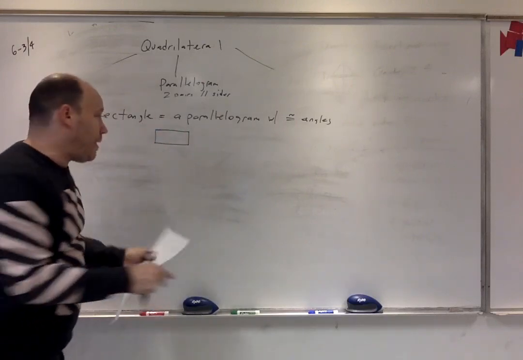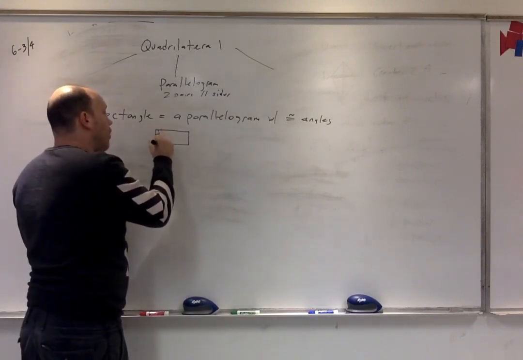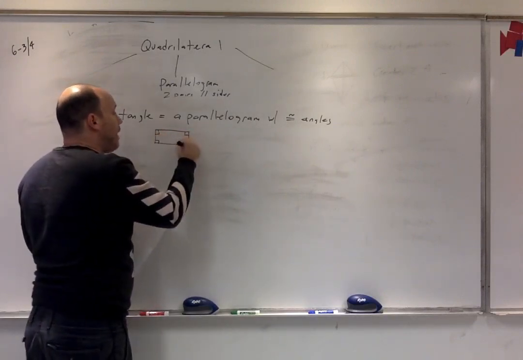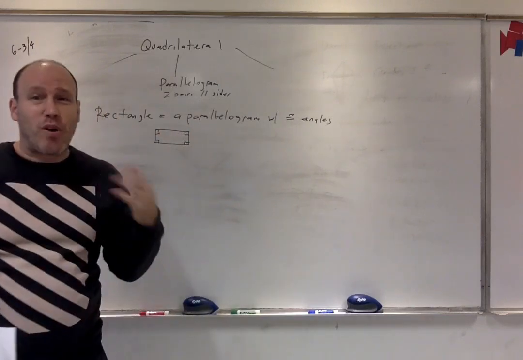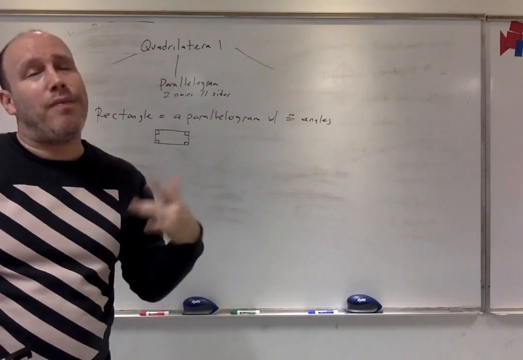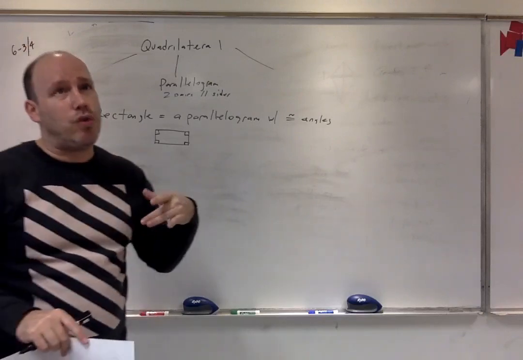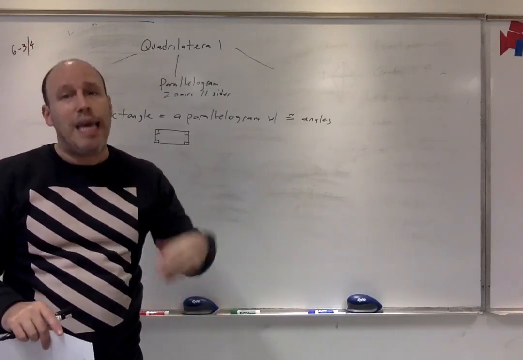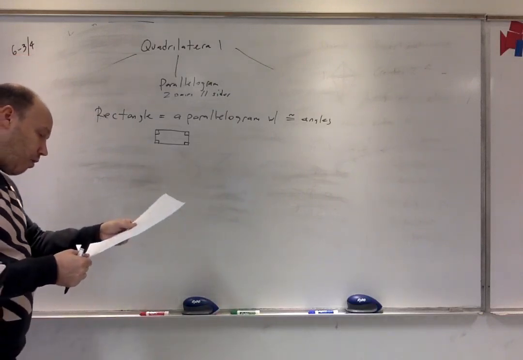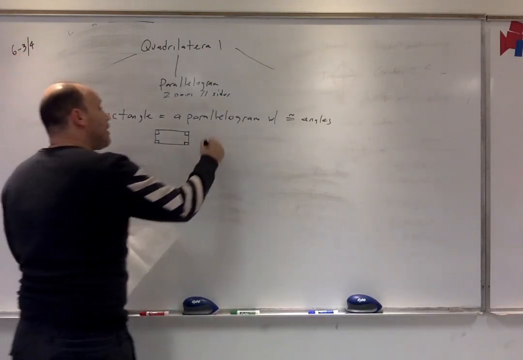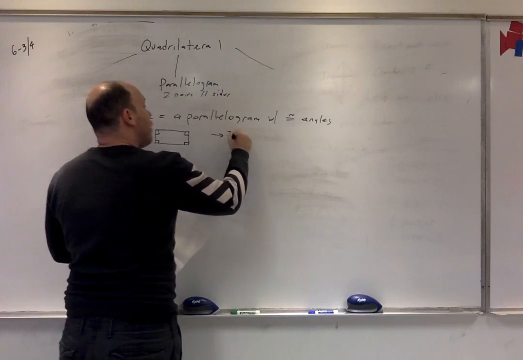What's important is that all the angles are congruent. That's what you're going to visually see in a rectangle. We know from the first lesson, 6.1, the sum of the angles of a quadrilateral is 360 degrees. If they're all congruent, each of these is a right angle. Okay. What else do we know? What's the characteristic? The diagonals are congruent.